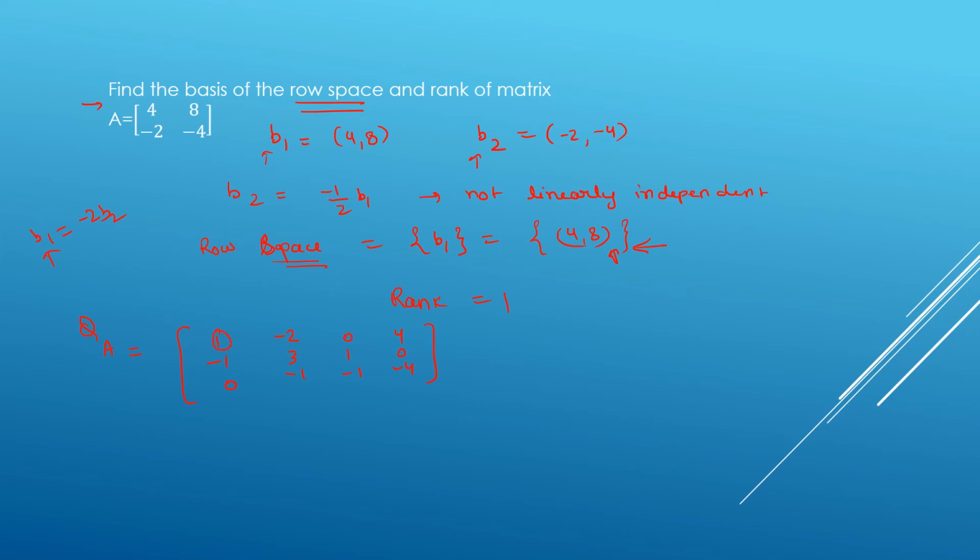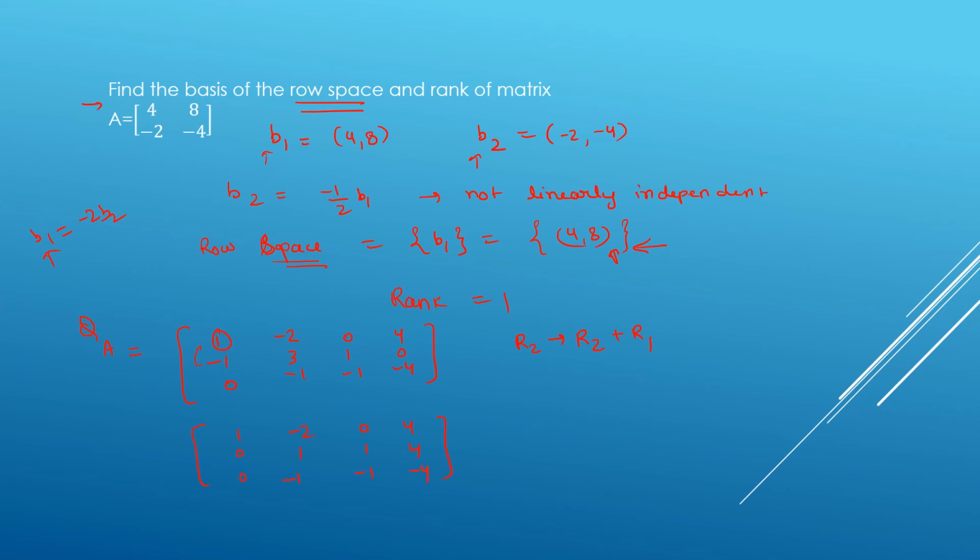Now if I do R2 plus R1, minus 1 plus 1 will form 0 here, right? We are not doing anything in R1, so 0, 3 minus 2 is 1, 1 plus 0 is 1, 0, 4 plus 4 is 4. We are not doing anything with R3, right?